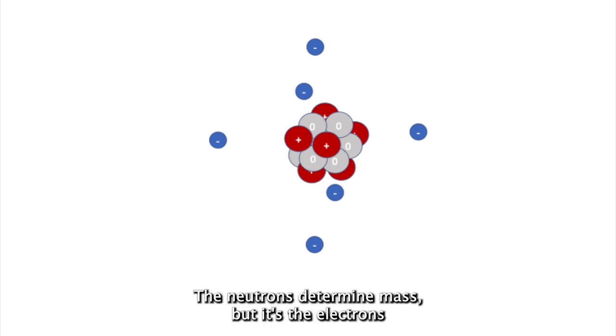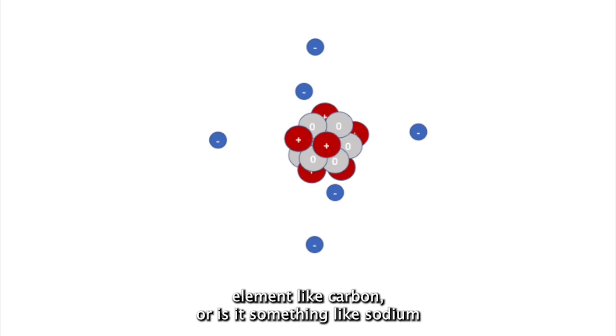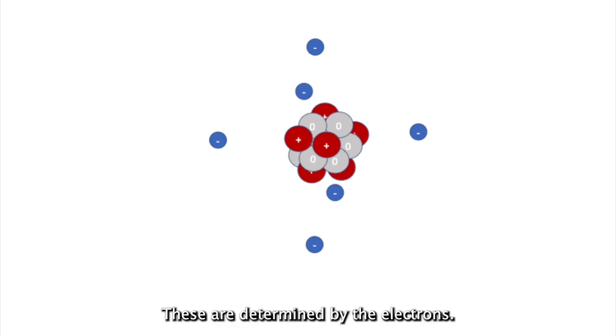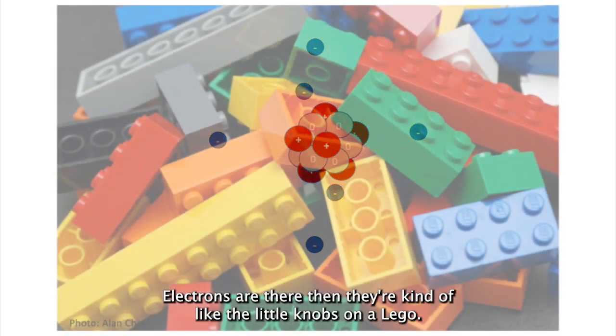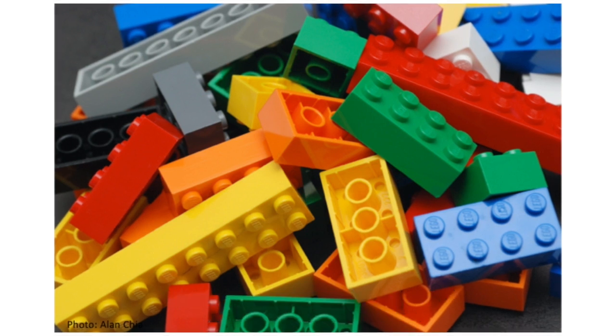The neutrons determine mass, but it's the electrons that actually determine, is this a metal? Is this a relatively stable element like carbon? Or is it something like sodium that reacts with the slightest bit of water near it? These are determined by the electrons. Electrons are kind of like the little knobs on a Lego.